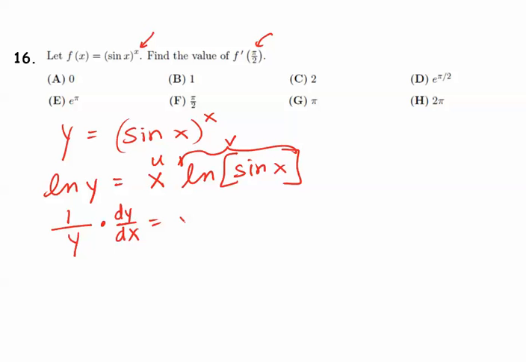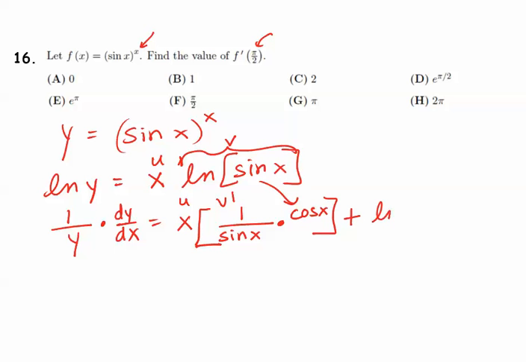So we'd have the first term, u, times the derivative of that natural log glob, which would be 1 over the argument times the chain rule on the argument. So that's only our u v prime. So now we still have to add our v u prime. So our derivative of x is just 1.